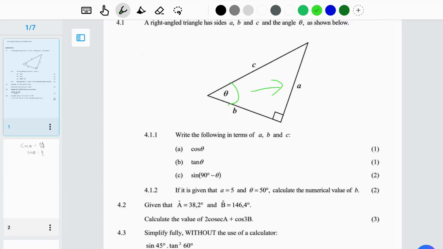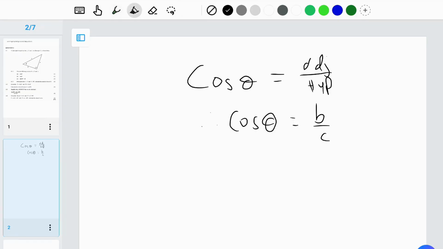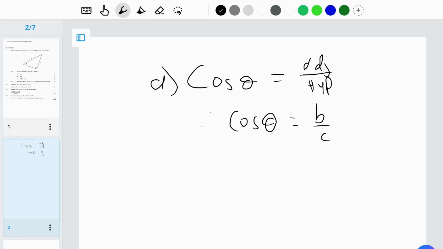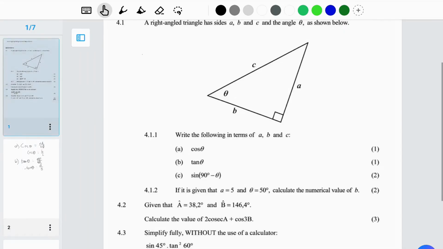So opposite over adjacent, we know it's A over B. This was A, and this was B. So tan theta equals opposite over adjacent, therefore tan theta equals A over B. You guys with me? Right, let's look at the next question.